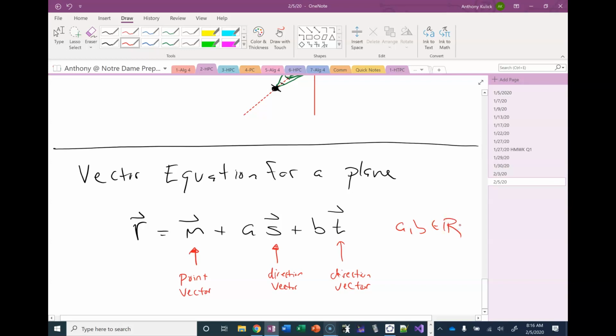So our vector equation for a plane is r equals m plus as plus bt, where m is a point vector, so m is just some point in the plane. s and t are direction vectors, so their initial point needs to be the point m, and they also have to lie inside of that plane. And a and b are just our parameters, so they're real numbers, just like the t was in the equation for a line.